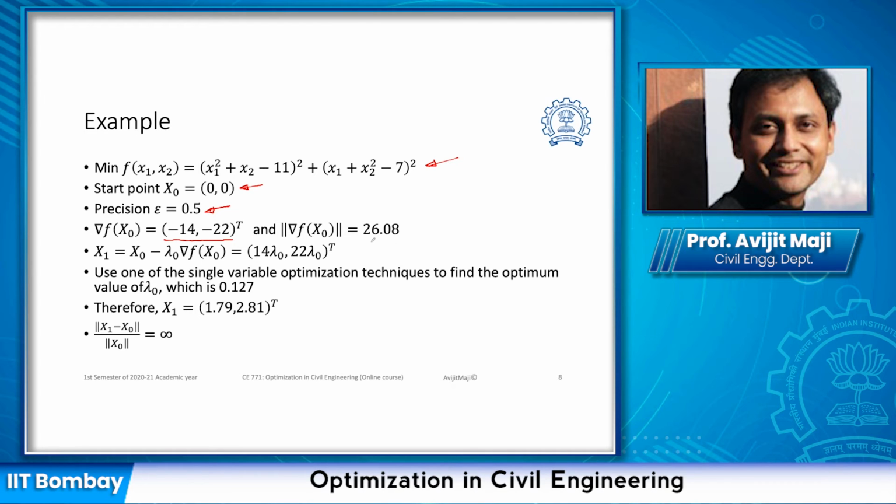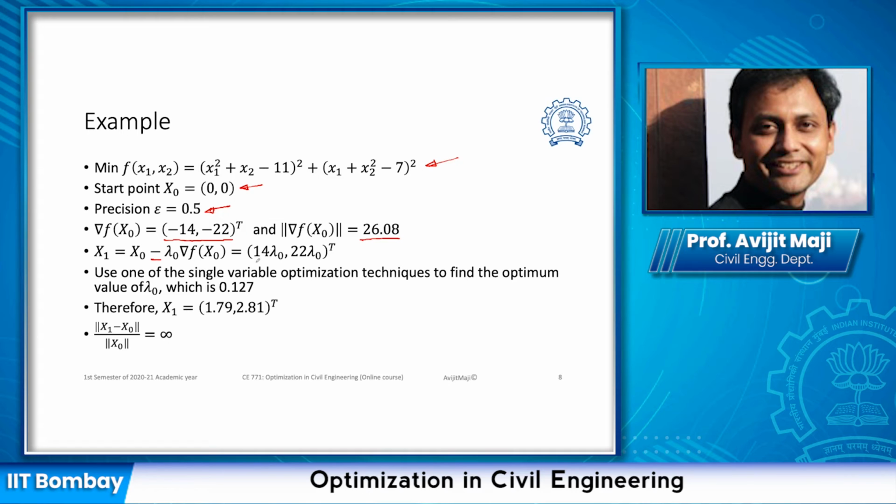At this point the scalar quantity of the gradient is going to be 26.08, and this is more than the precision which we have set, so we need to search for a better point along this particular direction. For that purpose we set up the new point, and since this is a minimization problem, we indicate it as negative lambda 0 times the gradient.